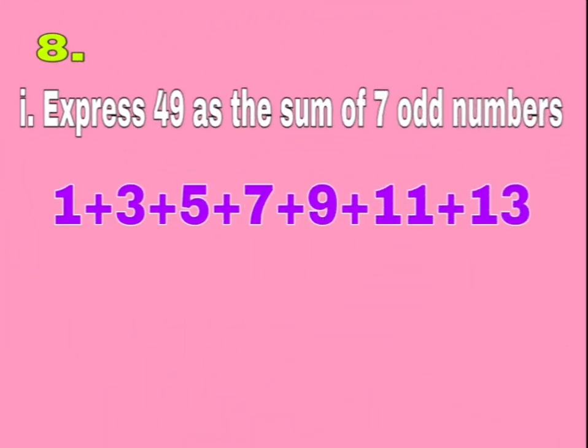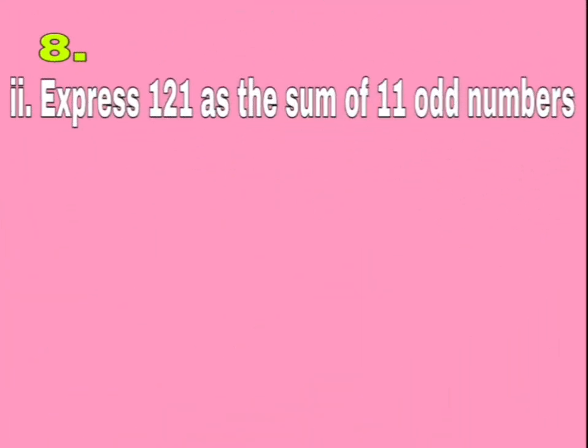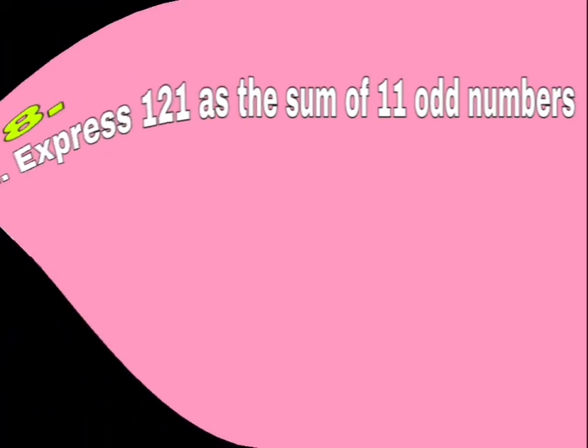Okay, the second sub question. This is 1 plus 3 plus 5 plus 7 plus 9 plus 11 plus 13, right? The next question: express 121 as a sum of 11 odd numbers. You have to add 11 consecutive odd numbers starting from 1.